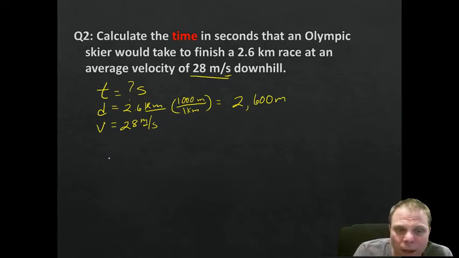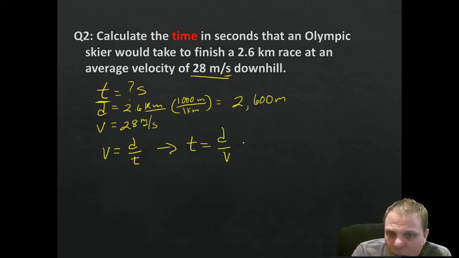What's our equation? Well, we know our basic equation is velocity equals distance divided by time. We memorized that, right? And so what would it look like if we reevaluated it and solved for t? Well, then it would be t is equal to distance divided by velocity. So let's plug it in.